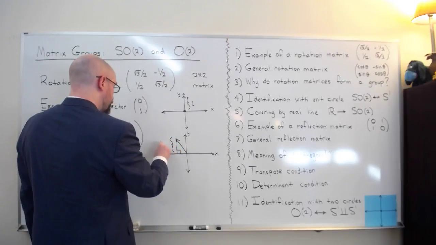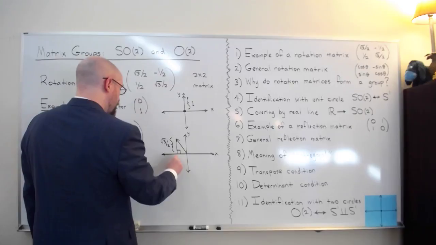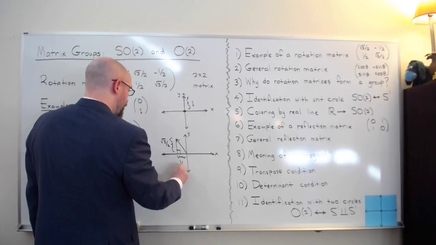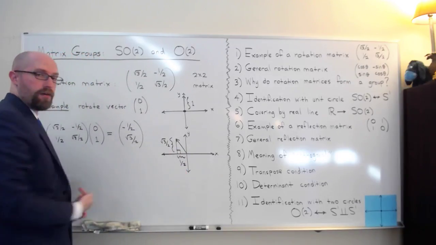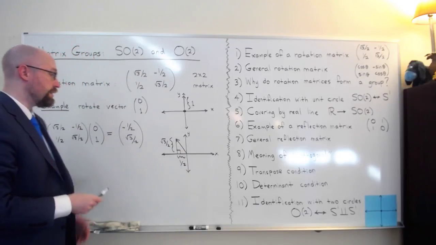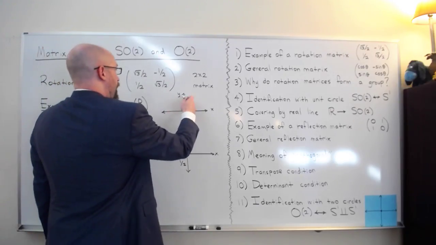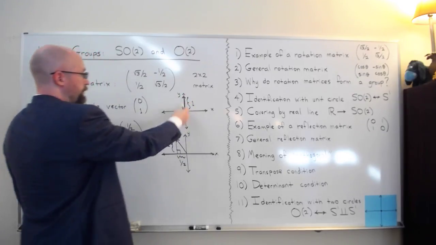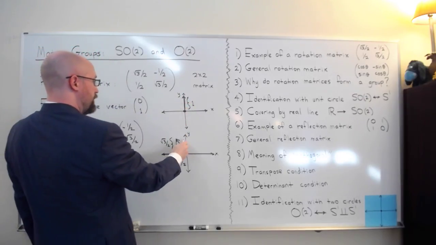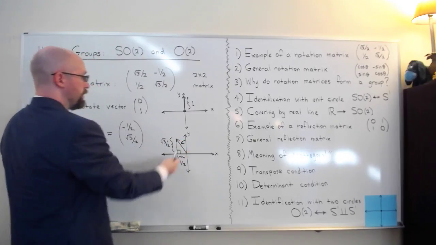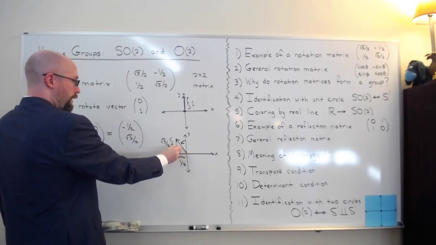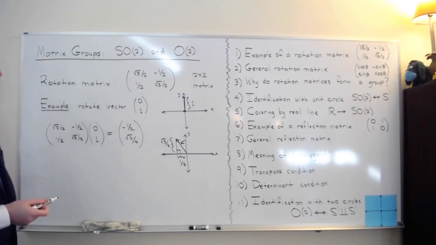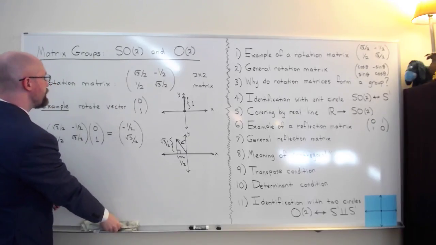This distance here is square root of 3 over 2. That distance there is 1/2, and the minus comes from the fact that it's going in the negative direction here. So you can see the same thing happened to this vector geometrically. It started out pointing this way, and then it rotated 30 degrees this way. So it's that same rotation happening.